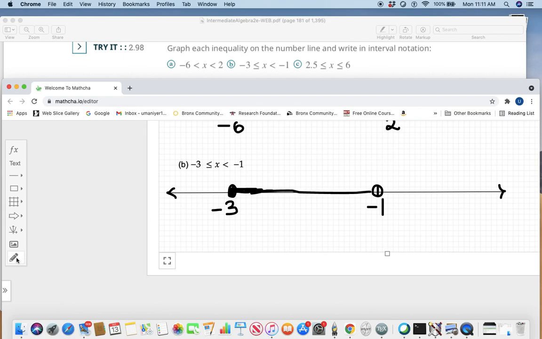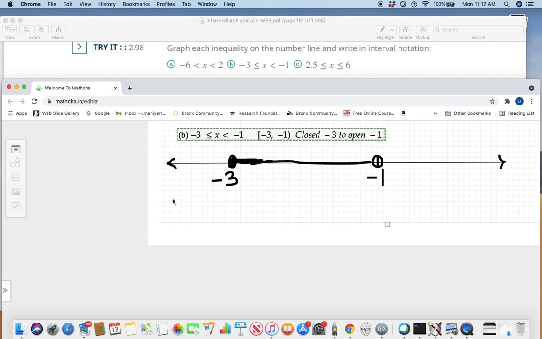Okay, so the interval is, included point is in bracket -3 and excluded point is -1, which is open. So you read it as closed -3 to open -1. Okay. Next exercise.